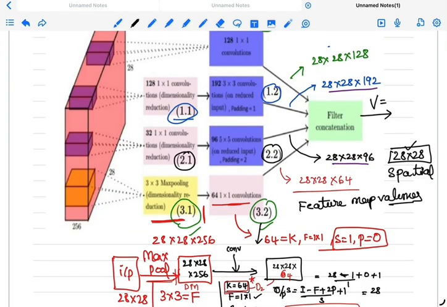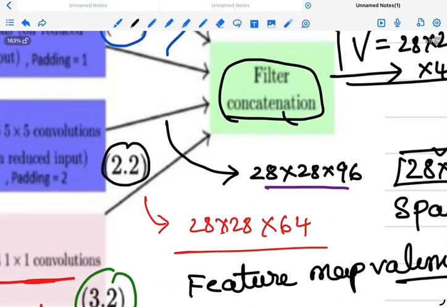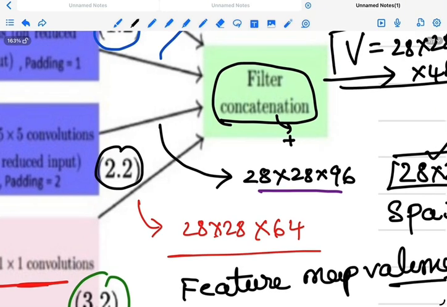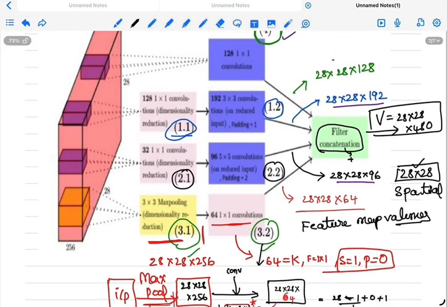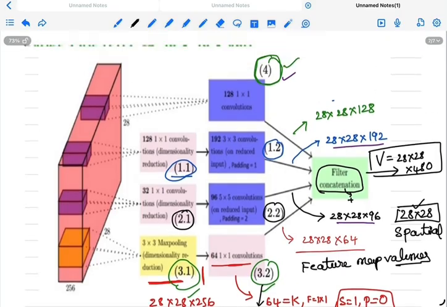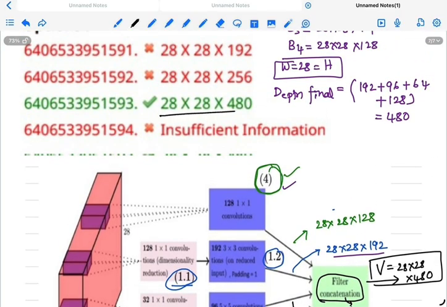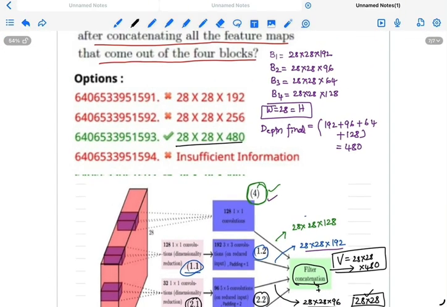The final output feature map volume is 28 cross 28 cross 480. Final concatenation means adding the depths. So the answer for this question is 480, and answer C is correct.